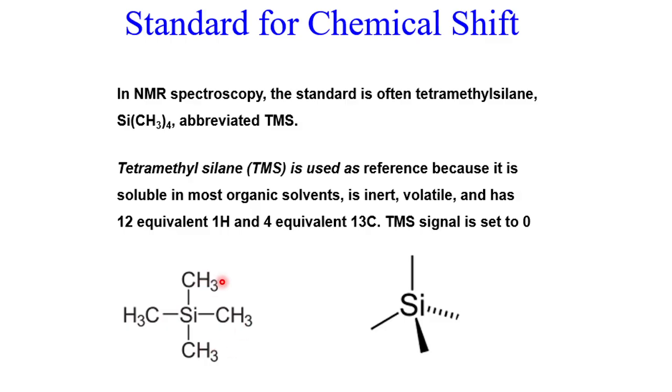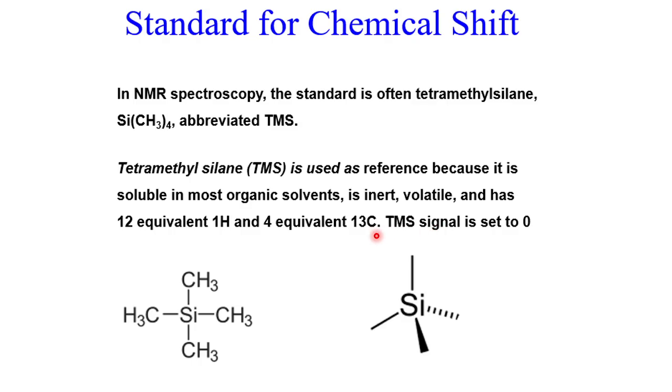So those 12 protons generate a very high intensity peak, which makes it easier to observe the data, and the TMS signal is set to 0 ppm. Compared to your TMS, the difference between TMS and your sample is given in the NMR data.